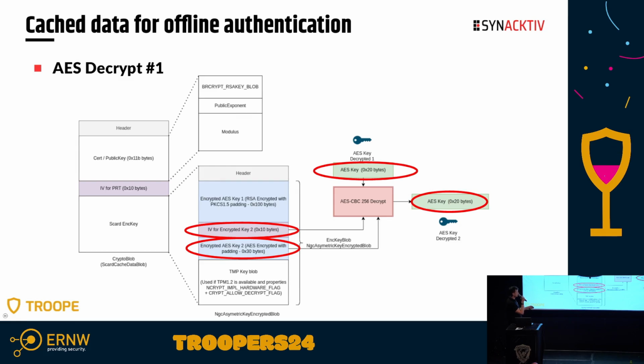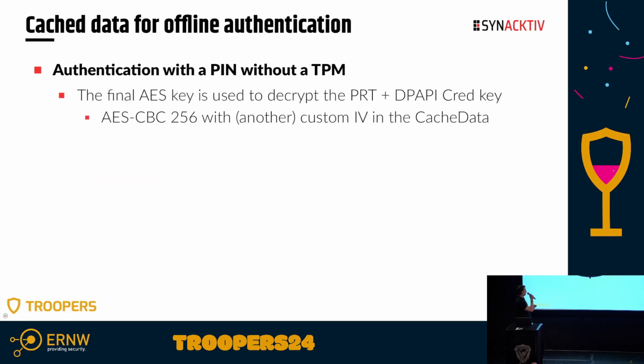And we will get a second AES key, which is now decrypted. So it's almost finished. Now we have this final AES key, and we can use it to decrypt the PRT file as well as the DPAPI request key, using also an AES CBC decrypt operation with another custom IV, which is in the cache data file.